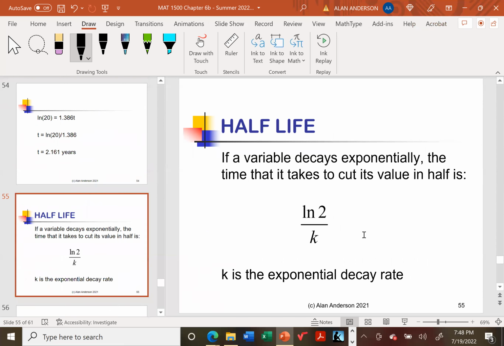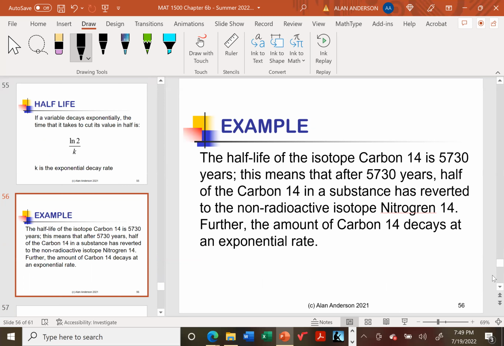Now, how about this one, half-life? So we're thinking now in terms of exponential decay. So this formula is also going to be used now to figure out how long it takes to cut the value in half. Now, K is the decay rate in this example. So let's say the half-life of the isotope carbon-14.